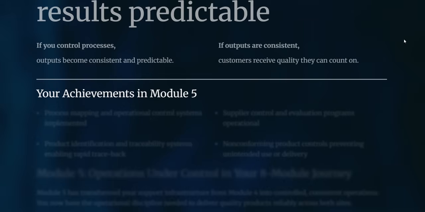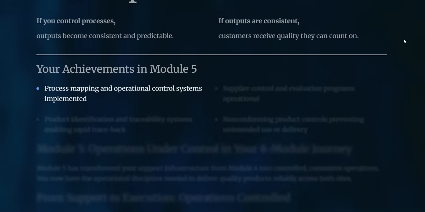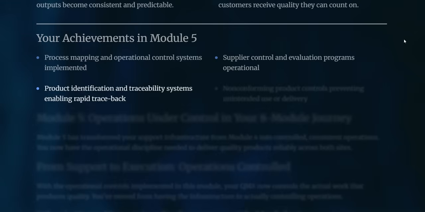Now, your achievements with Module 5 so far: process mapping and operational control system have been implemented, supplier control and evaluation program operational, product identification and traceability system have been established for rapid trackback, and non-conforming product control preventing unintended use or delivery.